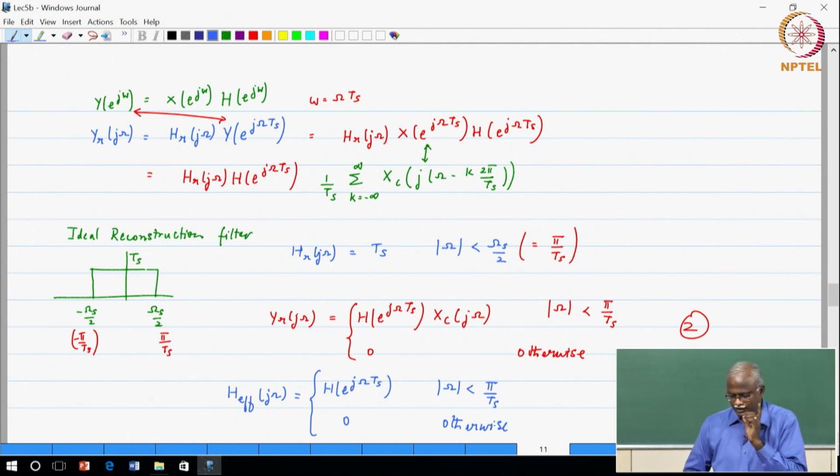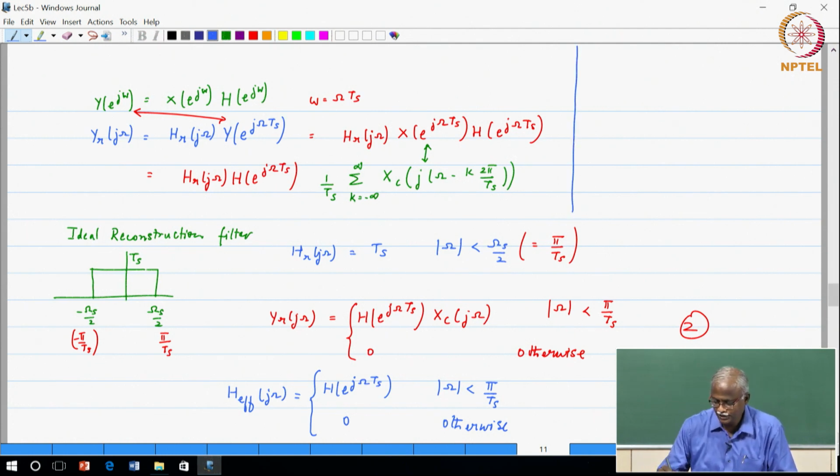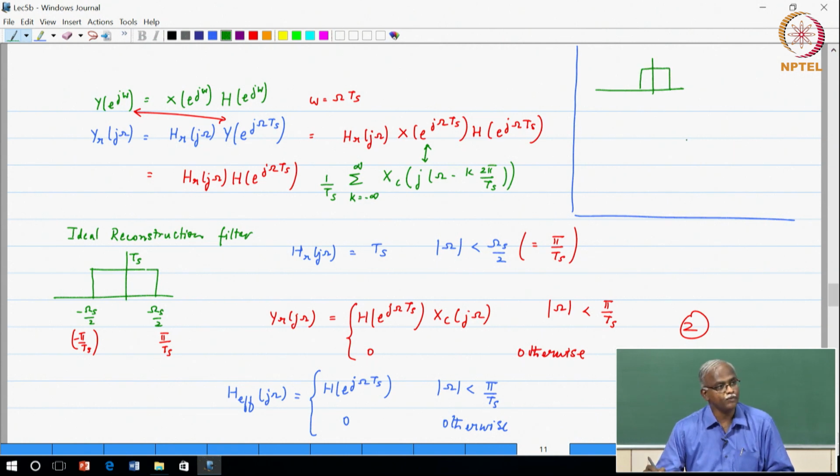Okay. Just as a quick reinforcement of what we have said, let me just take this upper portion. If I were to have a discrete time filter which is a low pass filter, this spectrum will repeat with a period of 2 pi. So, I will have a copy at 2 pi, at minus 2 pi, and this will repeat.